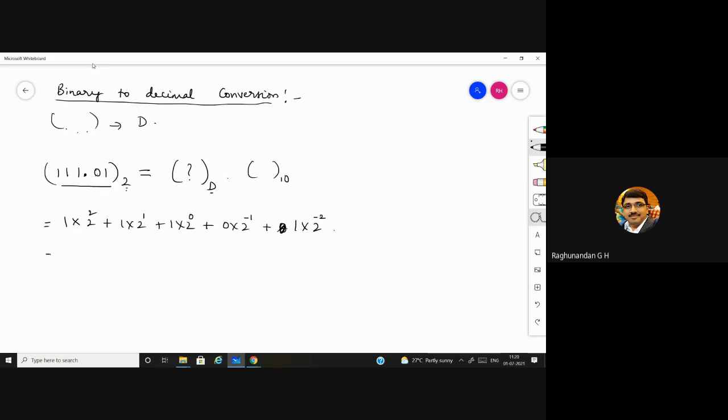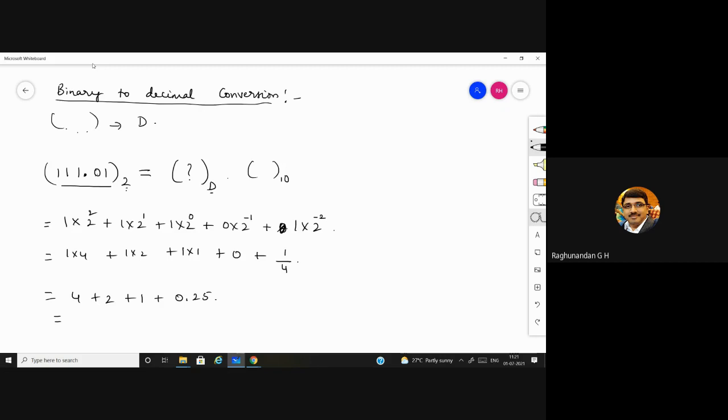After this, 1 into 4 plus 1 into 2 plus 1 into 1, and since it is 0, it is 1 by 4. So 4 plus 2 plus 1 plus 0.25.